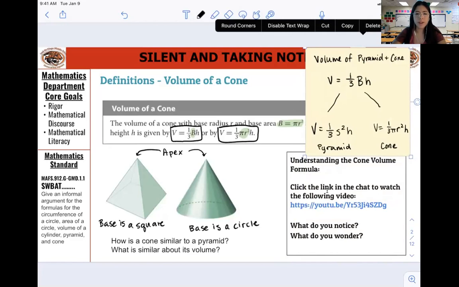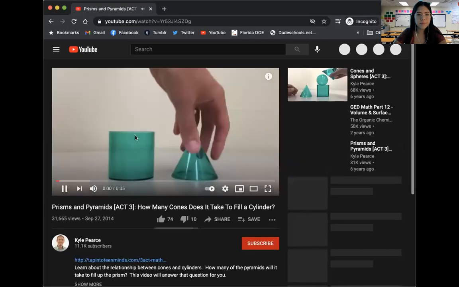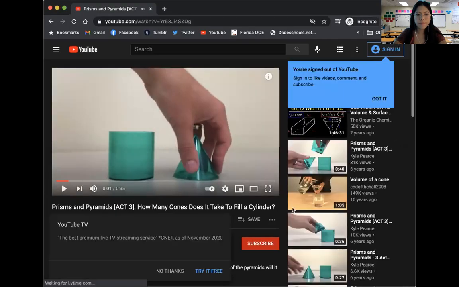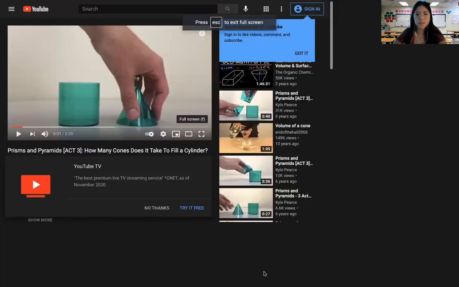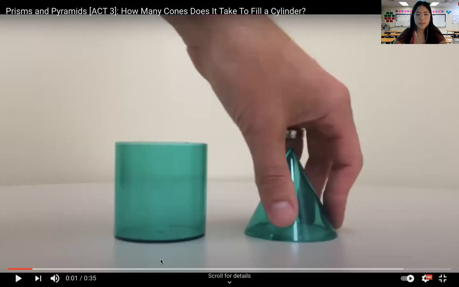Where does that 1/3 actually come from? Instead of you watching it individually, I'm going to share a new screen and we can watch it together. Give me a moment while that loads. I don't think it has sound, but okay, here we go.